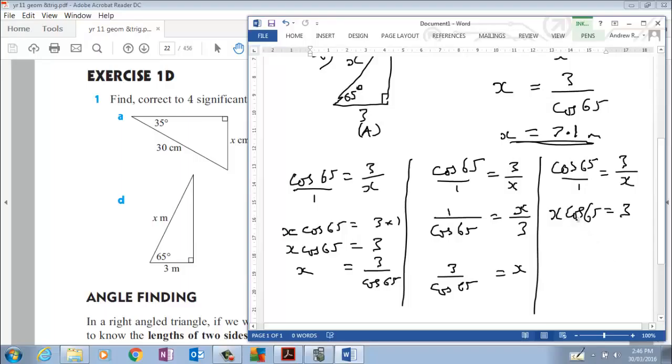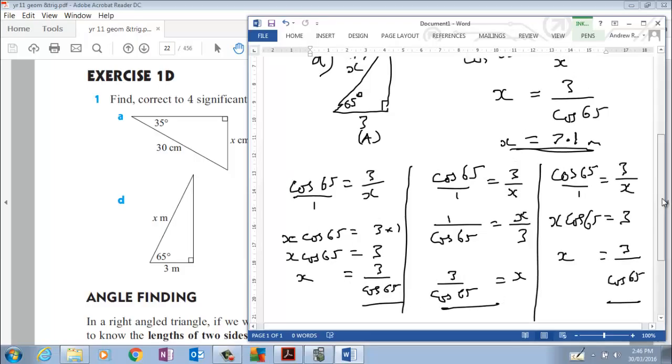And now we have to get rid of the cos 65. At the moment we're timesing cos 65. Opposite times cos 65 is divide cos 65. So on the opposite side we're going to divide by cos 65. Either way, we're getting the same answer.